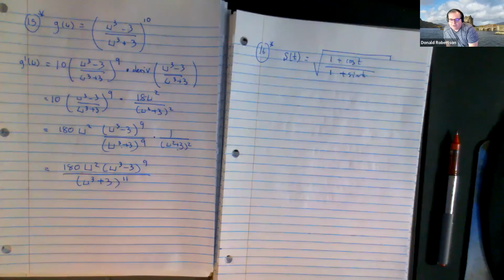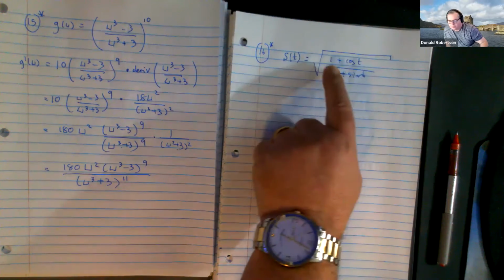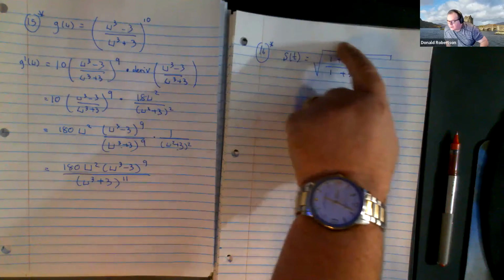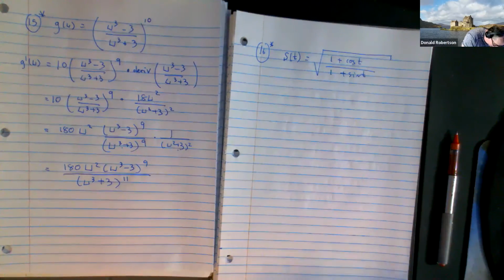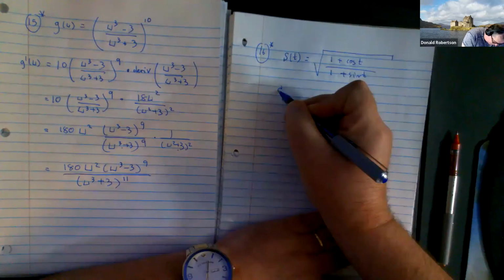And this one is going to be a chain rule and a quotient rule as well. If you see a fraction, you're going to do a quotient rule, right? There's no way around it. And if you see an ugly thing inside a square root or a cube root or to the power of 10, you know you're going to do a chain rule. First thing I'm going to do is rewrite this as a half power.